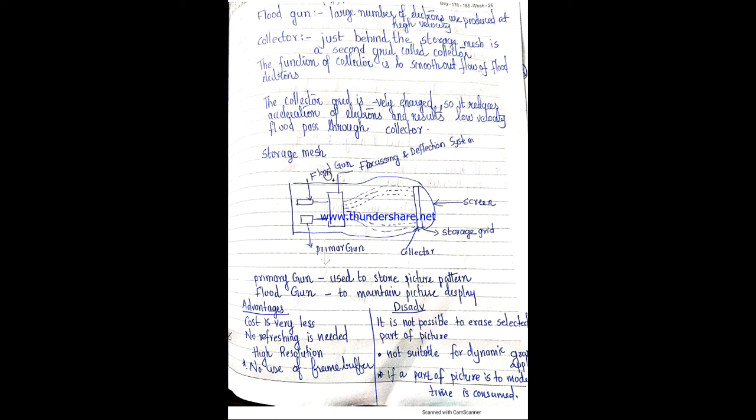The role of the flood gun is to maintain the picture display. The flood gun passes electrons at high velocities, which are smoothed out by the collector. Then they pass through the storage grid, and finally we get the image on the phosphor coated screen.